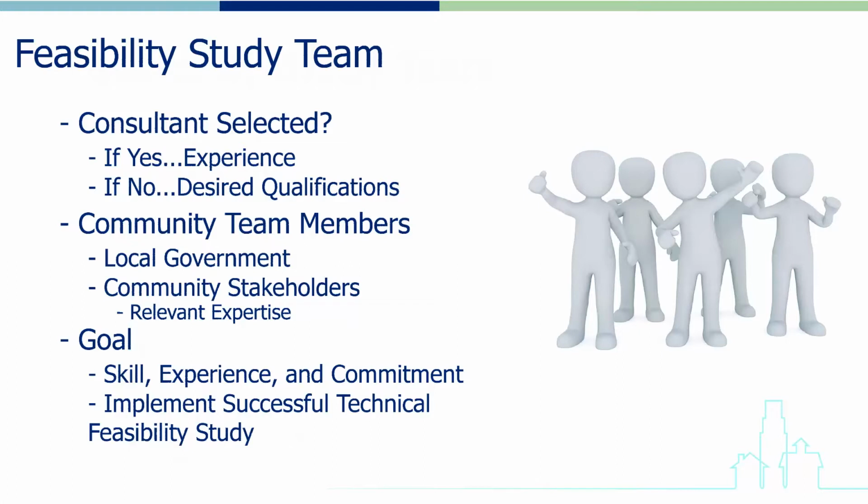Do any community stakeholders have specific microgrid or electricity generation experience? The goal is to identify a set of individuals and organizations who have the skills, experience, and commitment to shepherd the project through the technical feasibility study phase and ultimately to generate a final microgrid development strategy that can be financed, procured, and constructed.